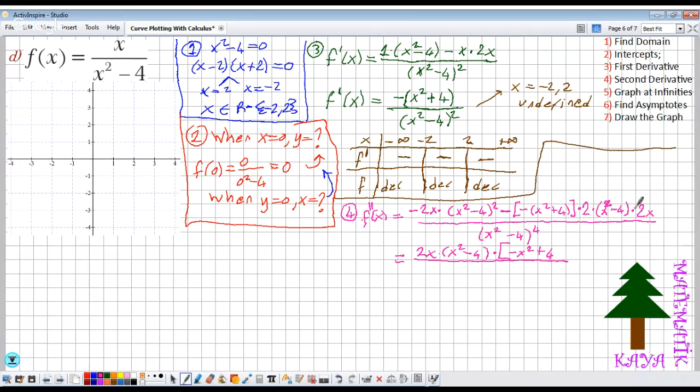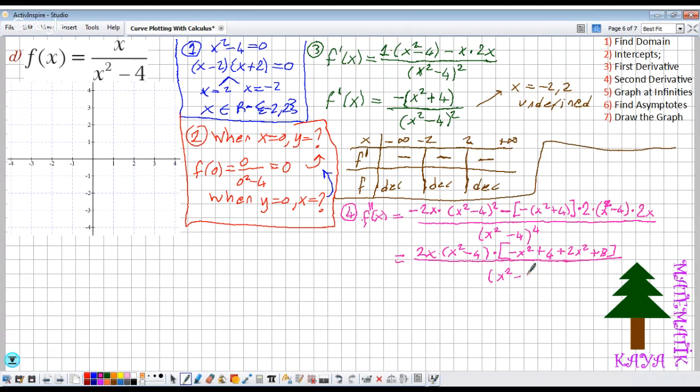Let's check the second part. 2x will be moved out, x squared minus 4 will be moved out. So here we are left with minus times minus, plus, times 2. So 2 times x squared, plus 2 times 4 is 8. Let's close the parentheses, or brackets, I think we call that one.